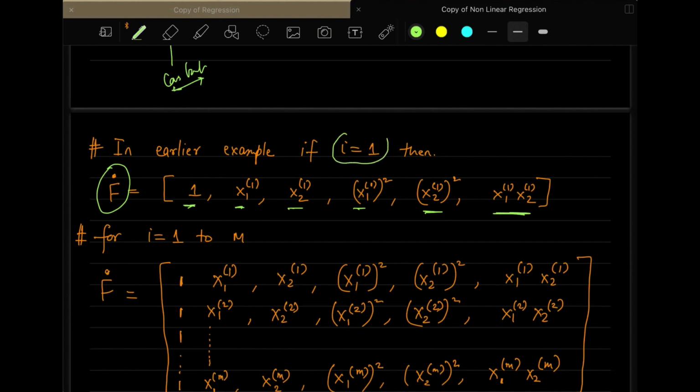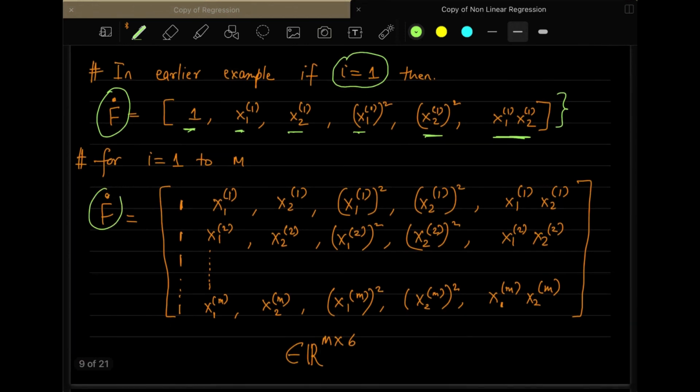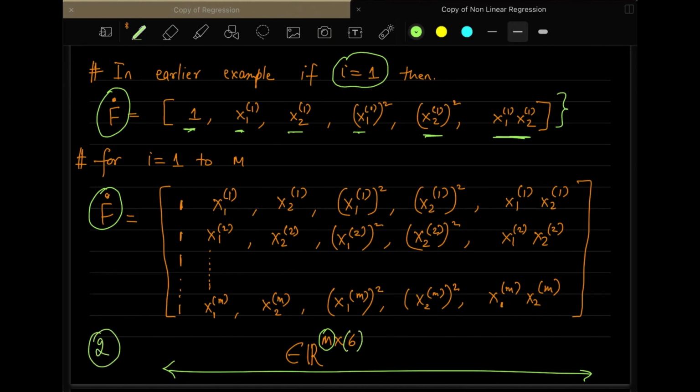Right now if you are considering only one sample, it's like this. If you consider m samples, your f dot will become like this. You can see it. The dimension will be m because your samples are running from 1 to m now, and since you have expanded your feature space from 2 to 6, it is m cross 6. Here it is 1 cross 6.